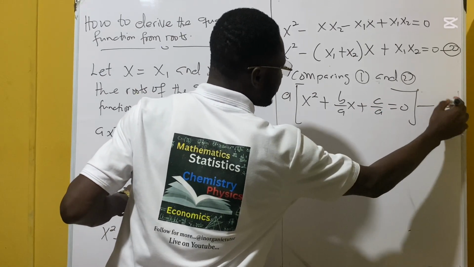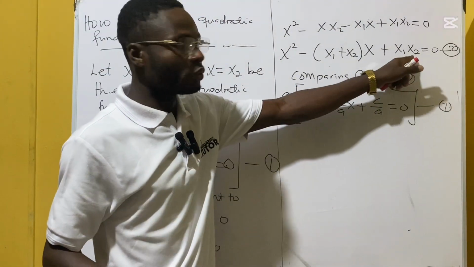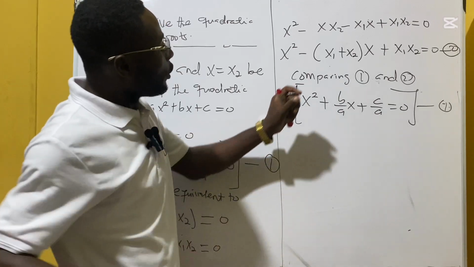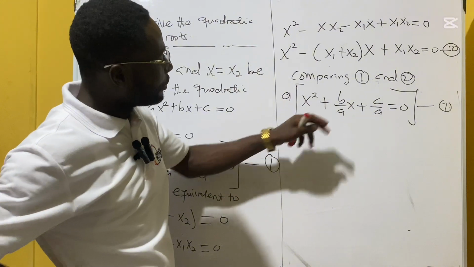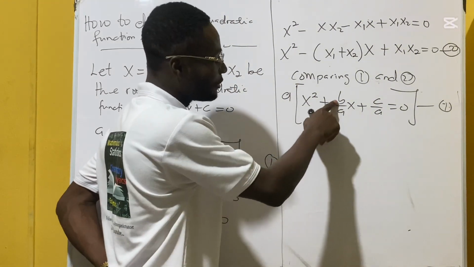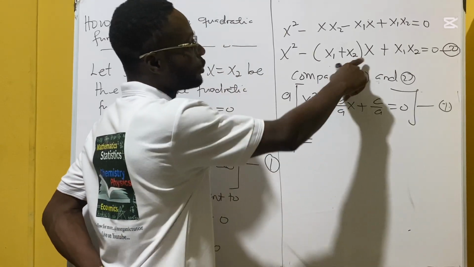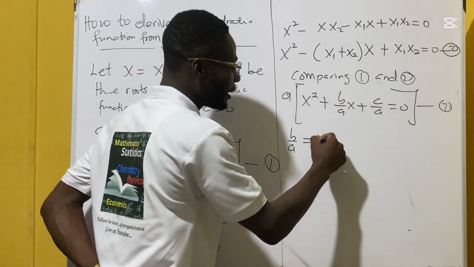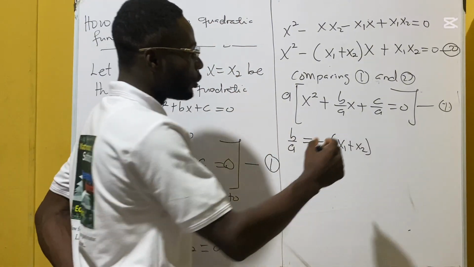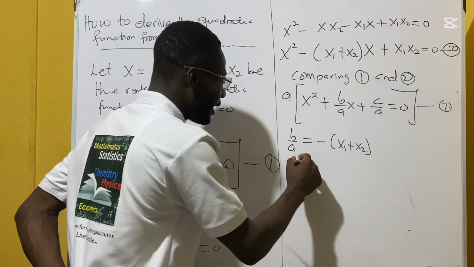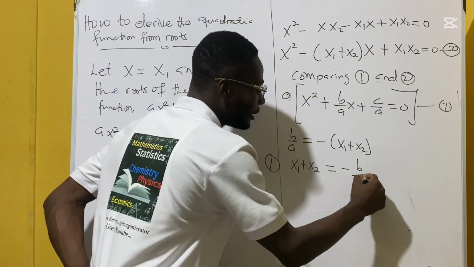Looking at the coefficient of x, we have b over a, and that is equal to the coefficient of x in equation 2, which is negative (x1 plus x2). So we can say that x1 plus x2 is equal to negative b over a.